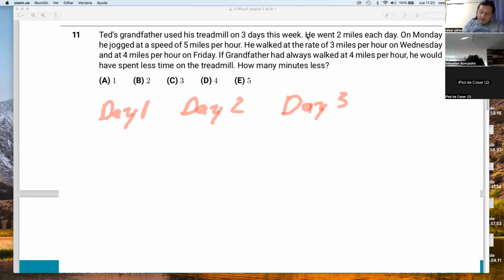Every day he went 2 miles. Two, two, and two. How many minutes? He's walking 2 miles at the speed of 5 miles.